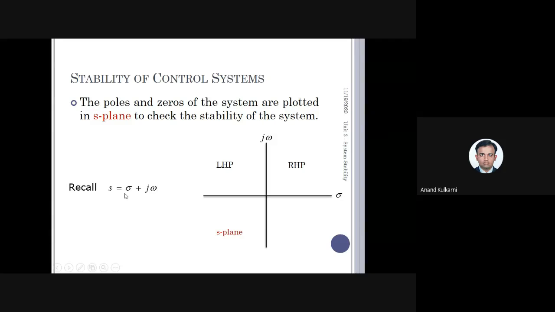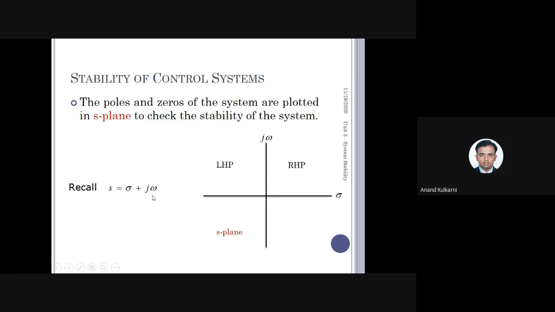To plot this point S in the graph, first you measure sigma on the sigma axis, and then measure omega on the omega axis. If both are positive, the point will lie here, where this is the real part, sigma, and this is the imaginary part, omega.